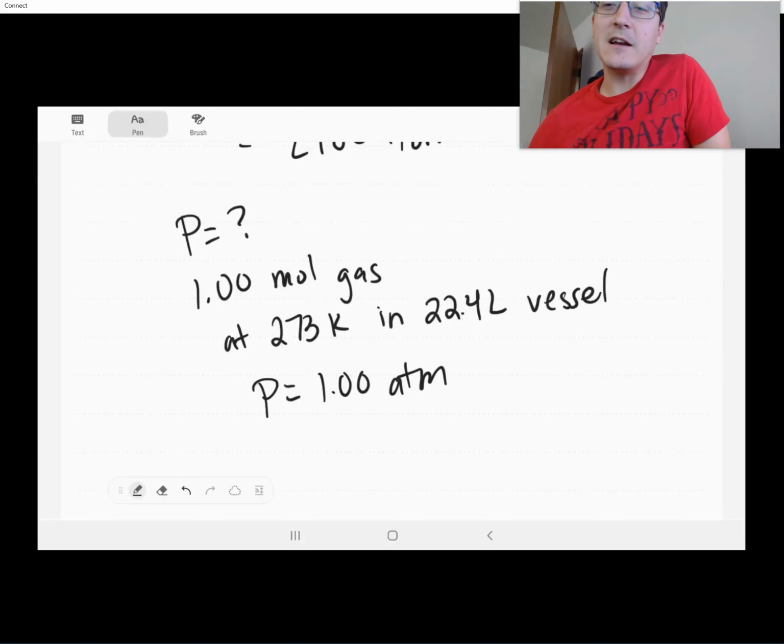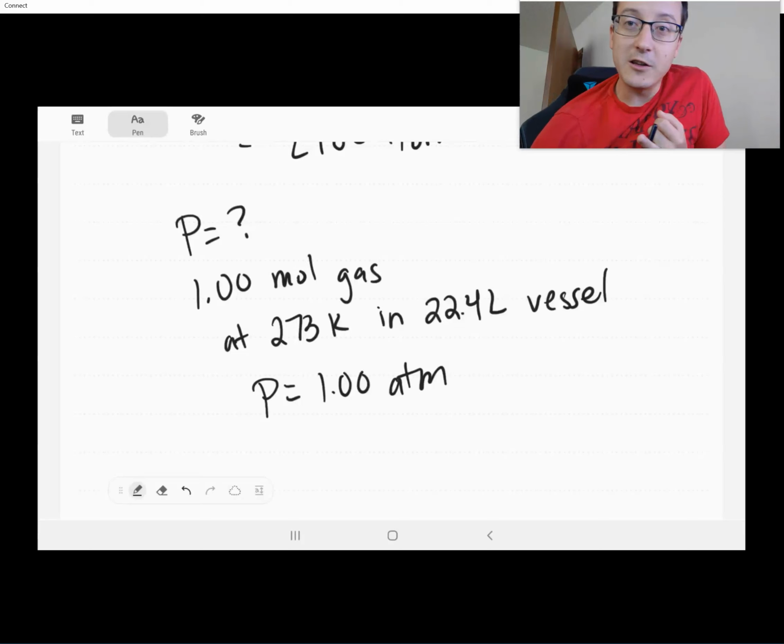No, it doesn't, right? Because nowhere in our equation does the identity of the gas matter. All we care about is the temperature, the volume, and the number of particles. That's the moles. So it does not matter what the identity of our gas is.